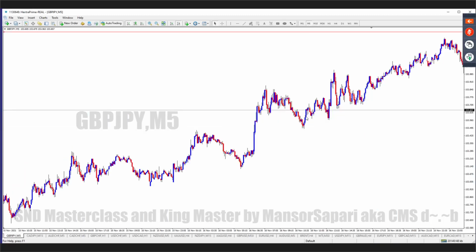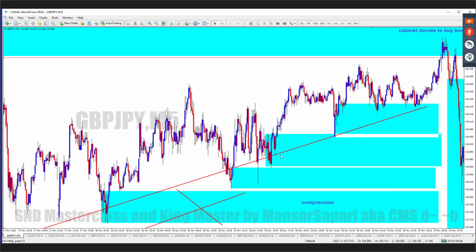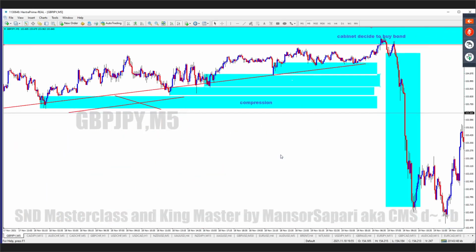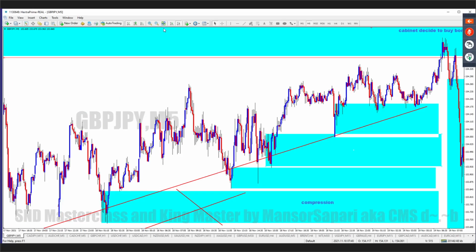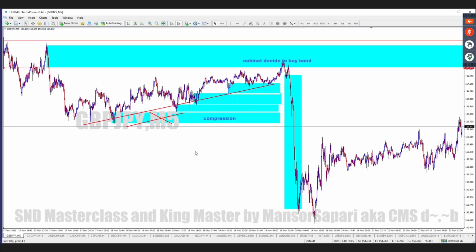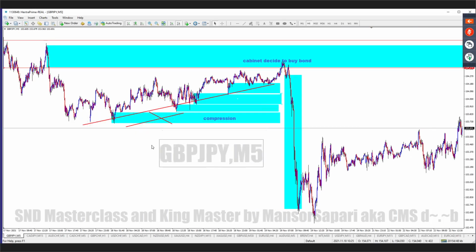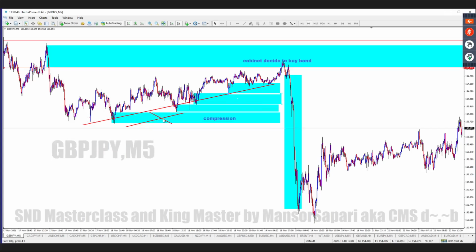For example, if I change to M5 in GJ here, you have to watch out for a gap. A gap is where a demand zone is still there, or what we call the buy limit is still there, because the price, the shadow, failed to touch the zone or to clear the demand.